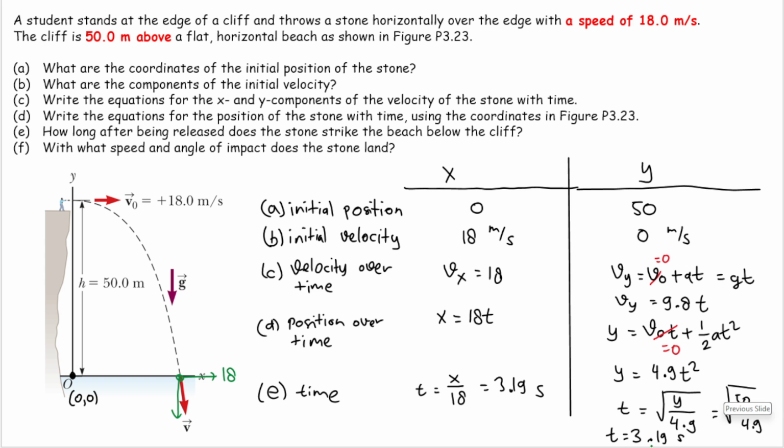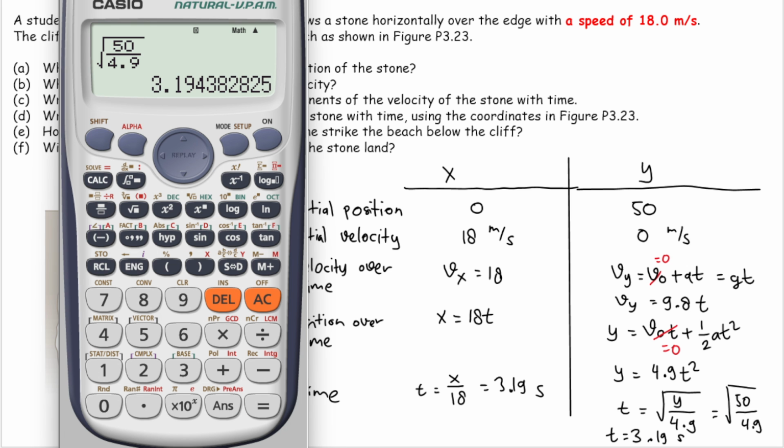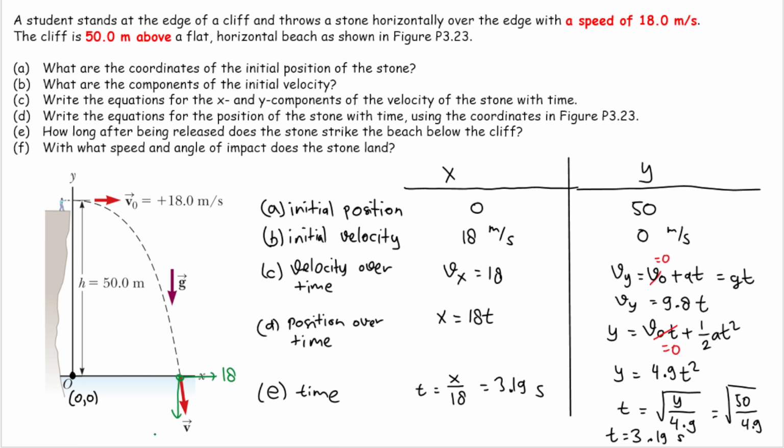T is 3.19. So we will have 9.8 multiplied by 3.19, and I will have 31.26. So we have the vertical and horizontal components.